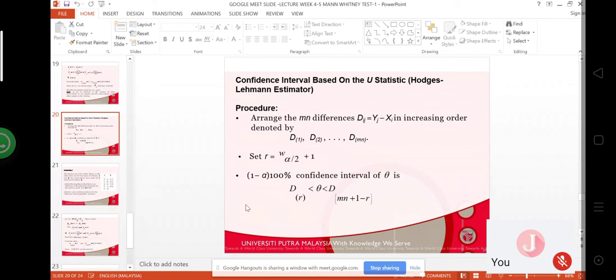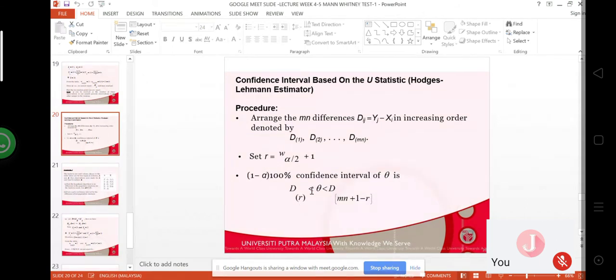This one is from the table, plus 1. Once you get the R value, then you are ready to find the 1 minus alpha times 100% confidence interval of theta. What is theta? The difference between the two population medians. If you want 95%, meaning 1 minus 0.05, so 95% confidence interval.